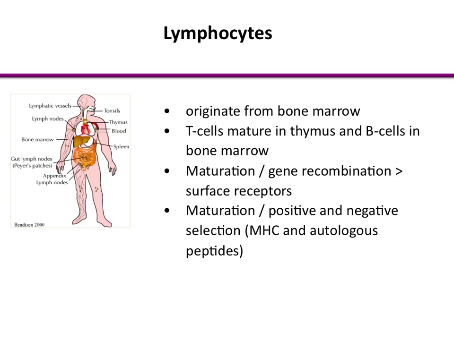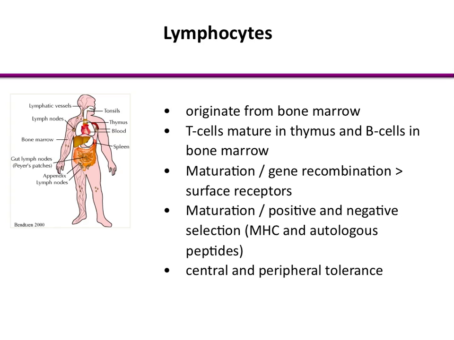Maturation also means that there has to be so-called positive and negative selection, and this selection is done by MHC and autologous peptides, basically checking that the cells and the receptors on the cell bind tightly to what they should bind to, and do not bind to host cells.